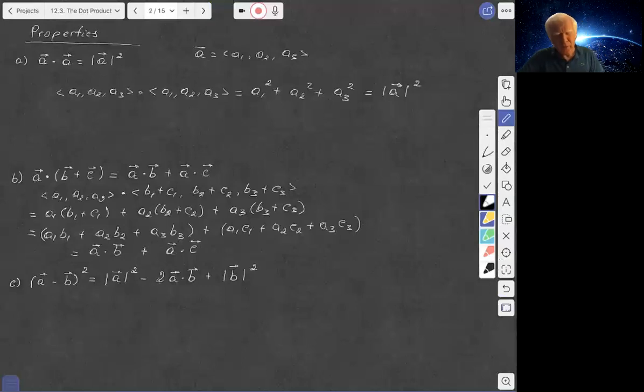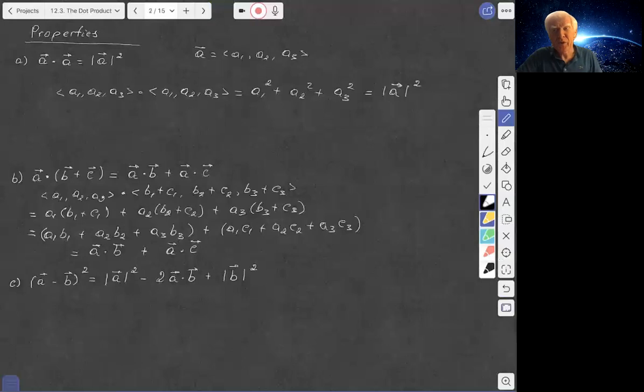Now, the third one is the property that we're going to use to prove some results, and it is about the square of a binomial. If you remember that formula, if you have a minus b squared, it's a squared minus 2ab plus b squared.